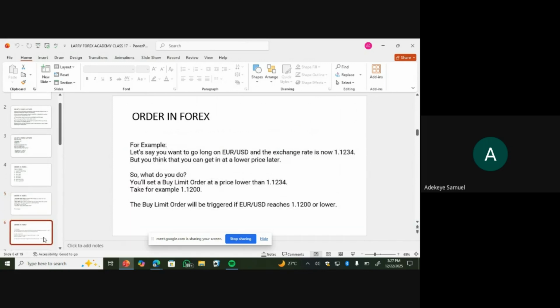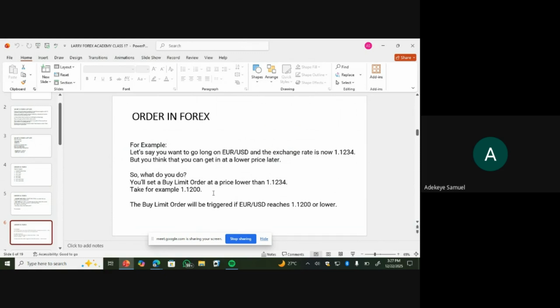And let's say, for example, you want to go long on EURUSD and the exchange rate is now 1.1234. But you think that you can get a lower price, like the one I just showed you now, where you buy at a lower price and sell at a higher price. So you set a buy limit order at a price lower than 1.1234. Let's say you buy at 1.1200.